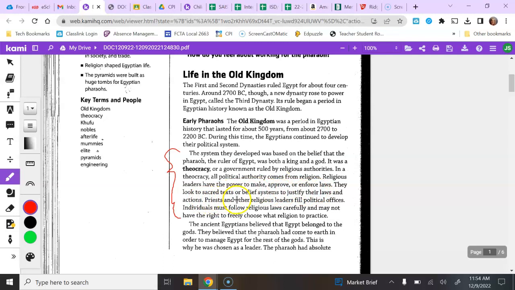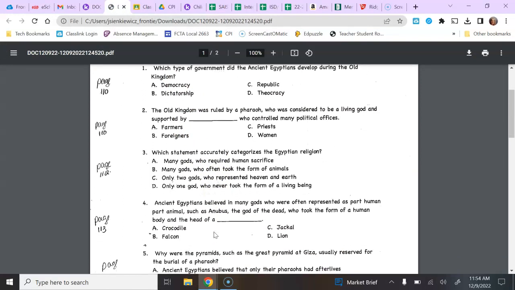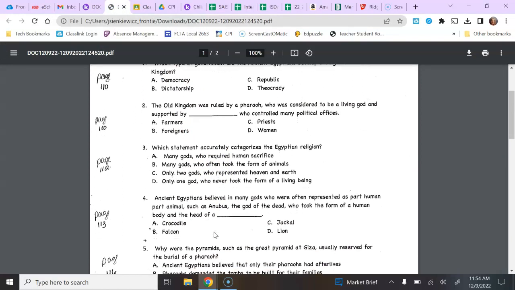They look to sacred texts or belief systems to justify their laws and actions. Priests and other religious leaders fill political offices. Individuals must follow religious laws carefully and may not have the right to freely choose what religion to practice. Again, if you need to pause the video, please pause it so you can answer your questions.